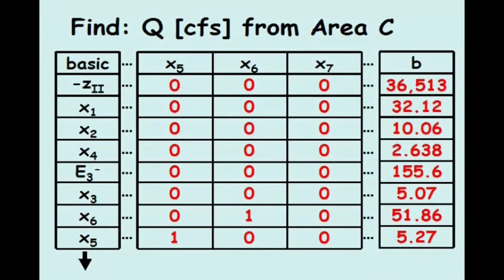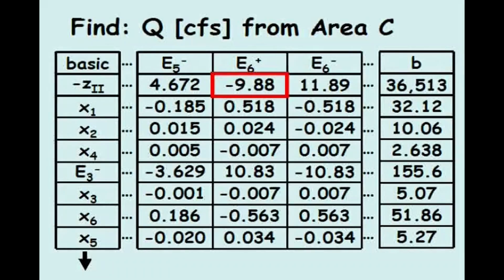At this point, the only remaining variable with a negative reduced cost coefficient is variable E6 plus. Variable E6 plus will replace variable E3 minus in the basis, since 155.6 divided by 10.83 has the smallest positive ratio of b_i over a_it for row i in column t.